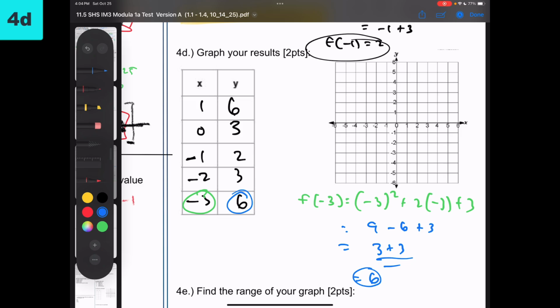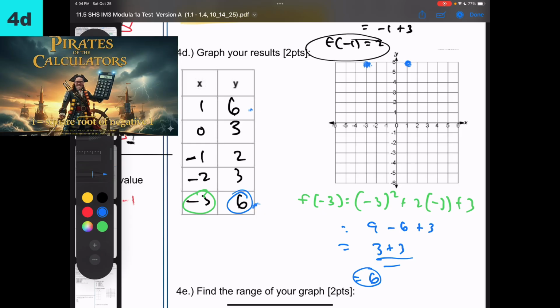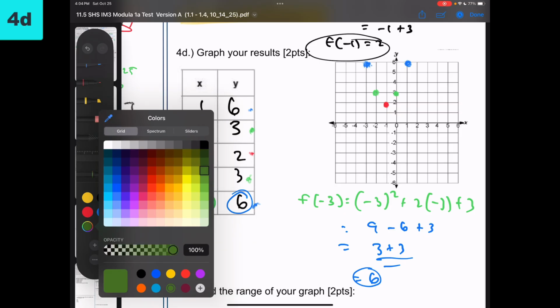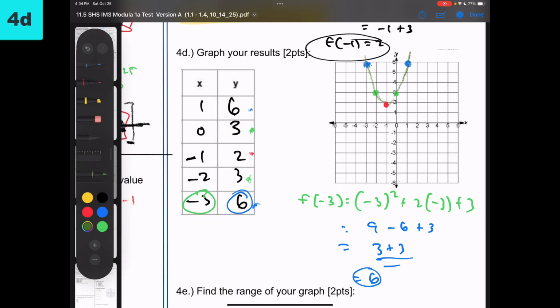Let's go ahead and graph that. So negative 3, 6, 1, 6, 0, 3, negative 2, 3, then negative 1, 2. Then our graph will look something like this.